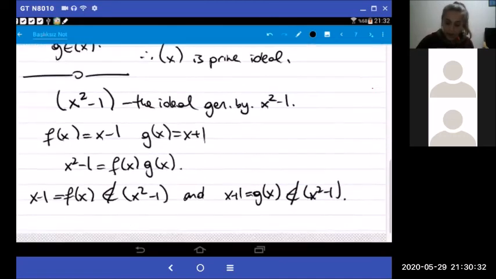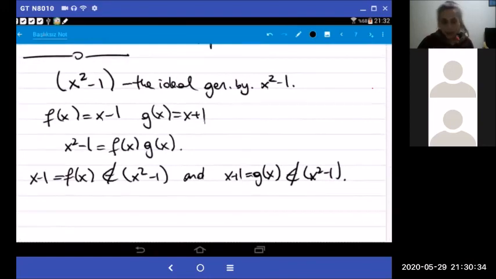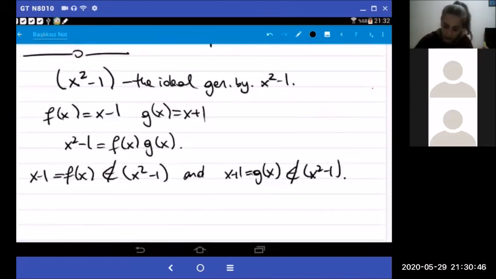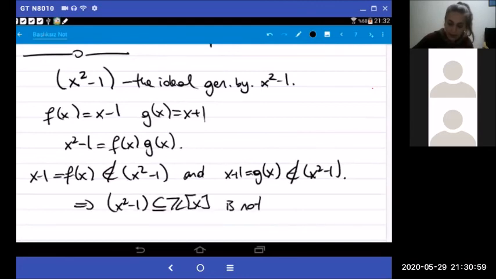Now, this is because x squared minus 1 is of degree 2, and you can decompose it into polynomials of smaller degree. So the ideal generated by x squared minus 1 inside the same ring is not a prime ideal.